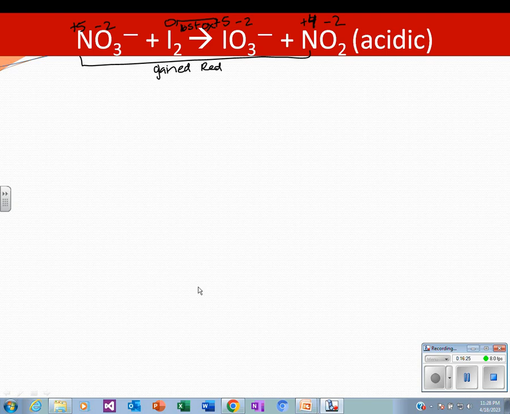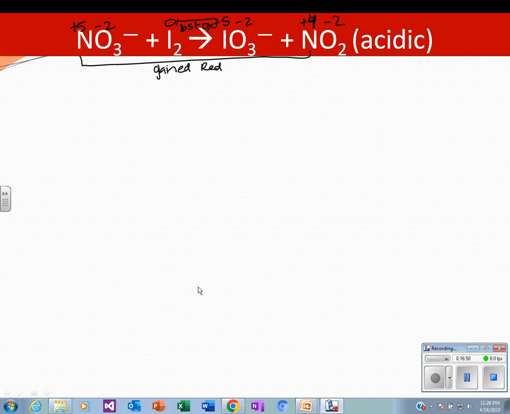So that means my nitrogen went from a +5 to a +4, which means it became less positive, which means it gained electrons, so it was reduced. And then my iodine went from 0 to a +5, so it became more positive, which means it lost electrons, which means it was oxidized.